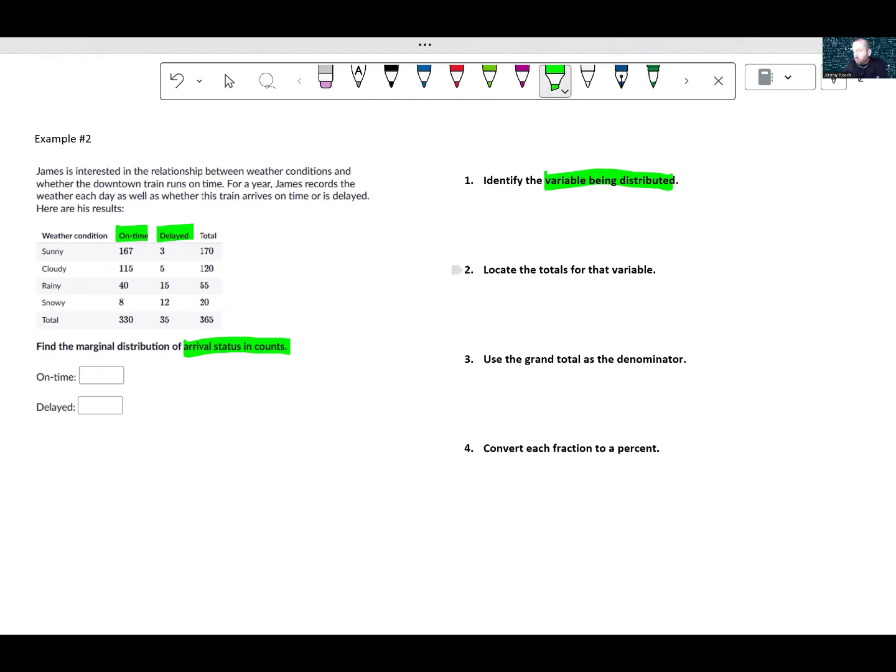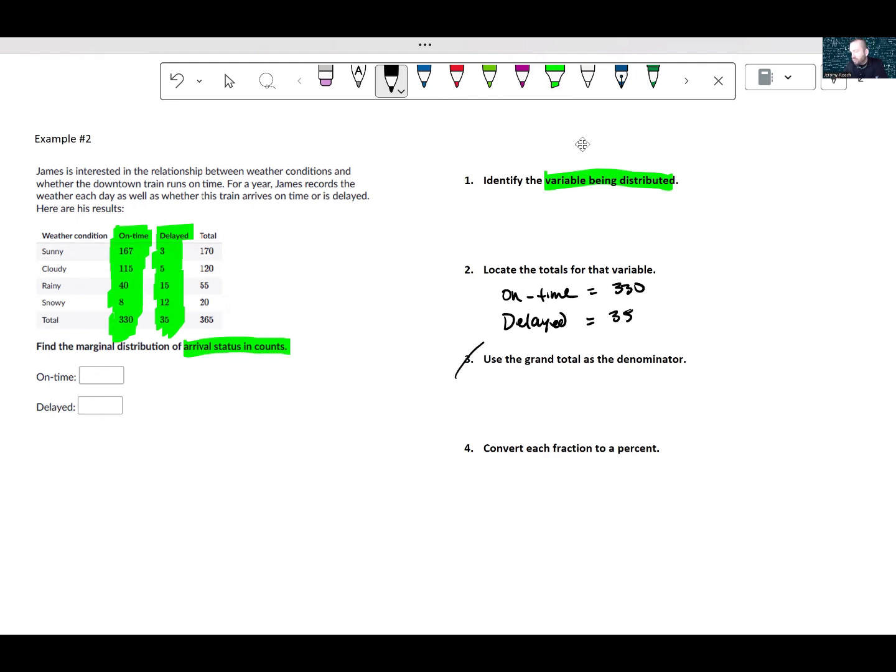So we're going to look at the totals for each variable. I'm going to highlight the entire columns just so we can see them a little bit easier maybe. So locate the totals for that variable for on time. Our total was 330 trains that were on time, and the trains that were late or delayed is 35.